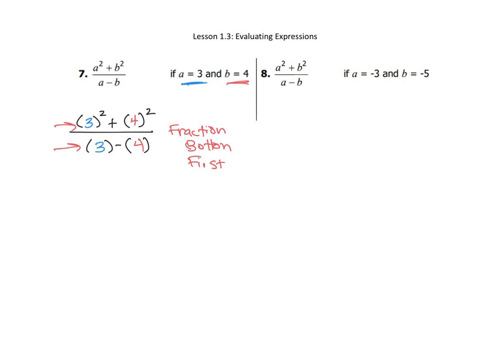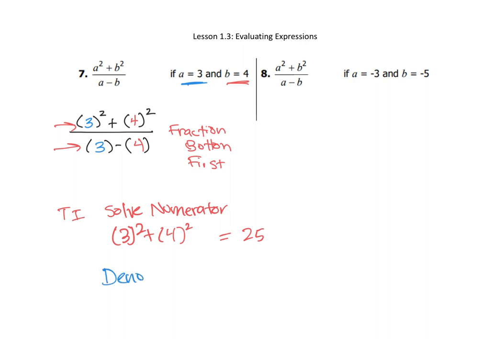If you have a TI, you need to solve the numerator first down to one number. So I would type in only 3 squared plus 4 squared, and that would equal, in the top, 25. And then I would type in the denominator, excuse me.